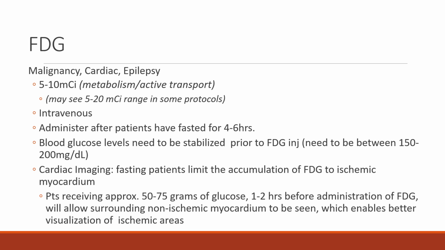Their scan maybe looked normal in FDG before, but now it looks terrible. And their fluorestradiol study looked terrible before, but now it looks kind of normal. It's because the cells changed as they progressed.